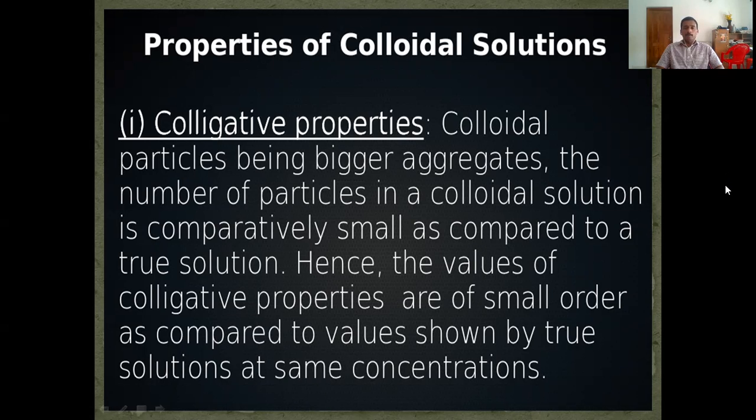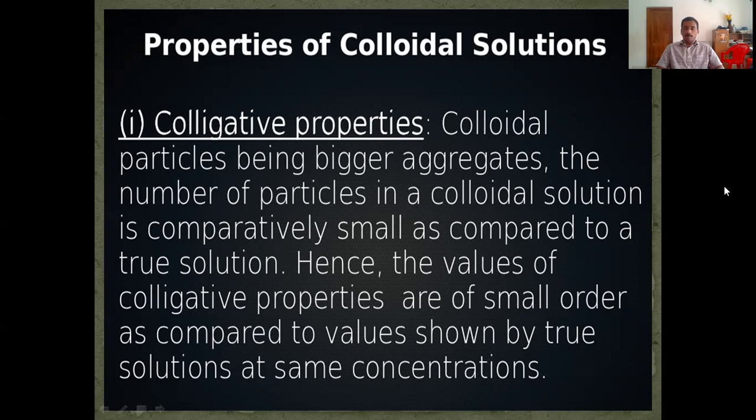So the colligative properties are of small order as compared to values shown by true solutions of the same concentration. So colloids also show colligative property, but the values are of a small order. That you have to remember.